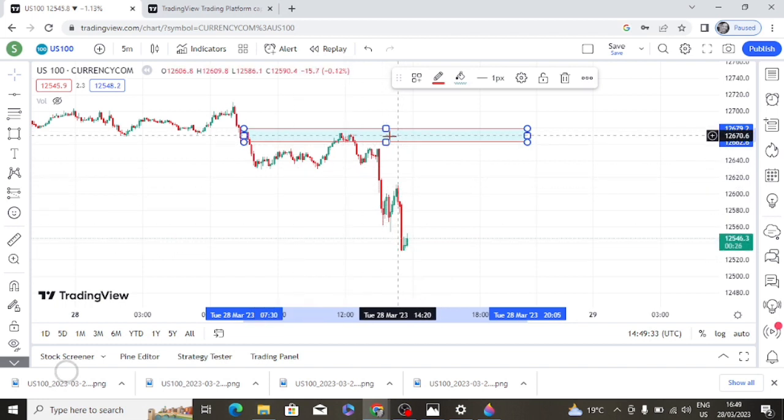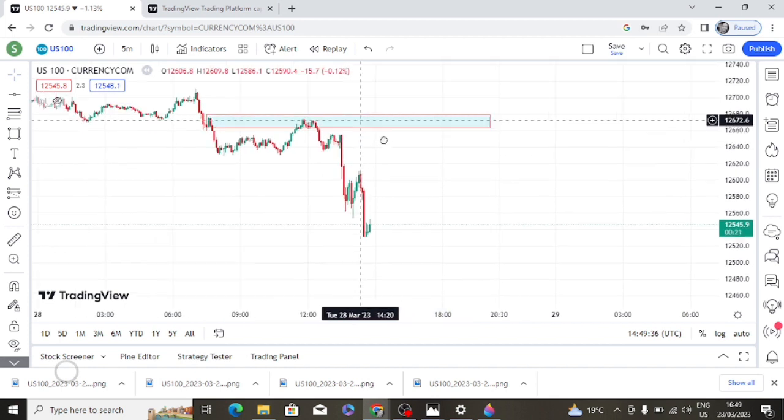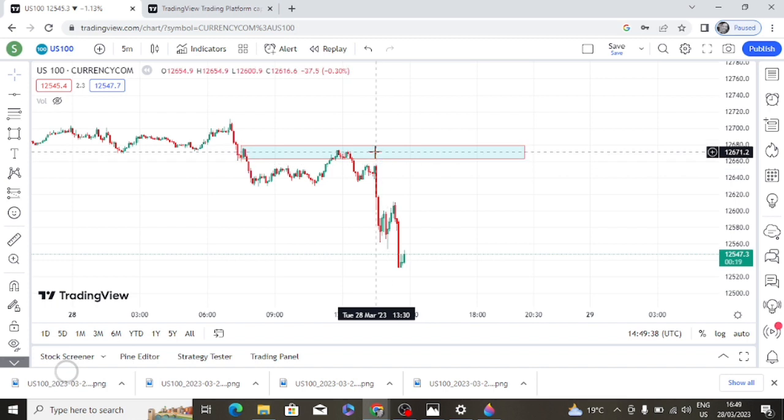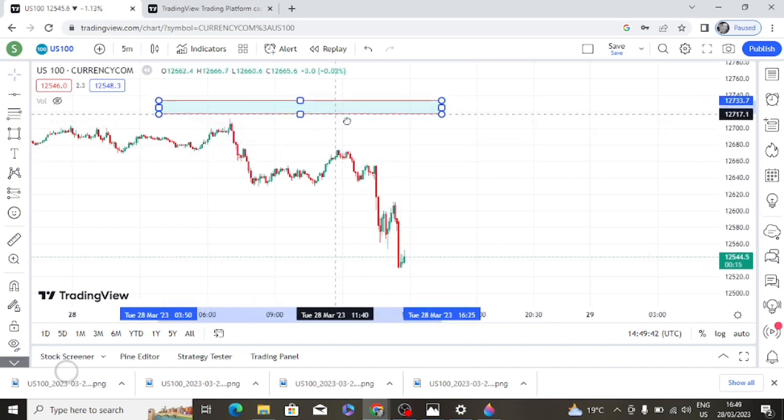The Quasimodo, which was the second possible entry, looked something like, how do I move this?